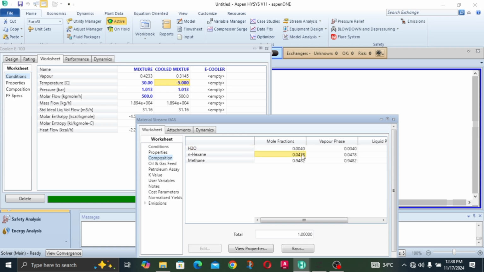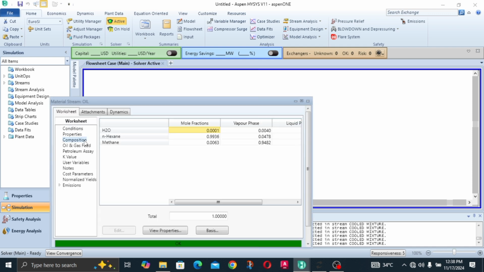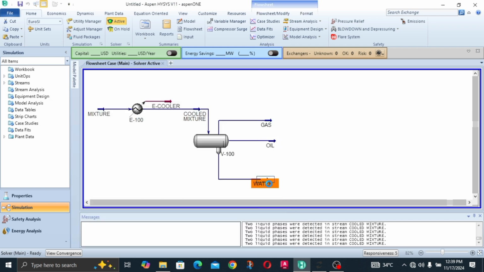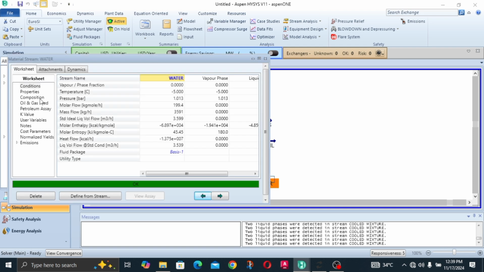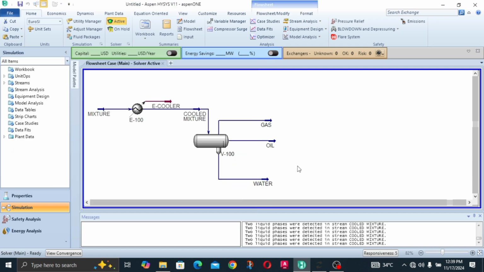And for the hexane, we have 4.78% inside our gas outlet, and predominantly have 94.8% methane inside our gas outlet. And for the oil, let's take a look and see if we're still okay. Good. We have 99.3% hexane. And for water, we have a purity of 100%, completely water inside our heavy liquid outlet.